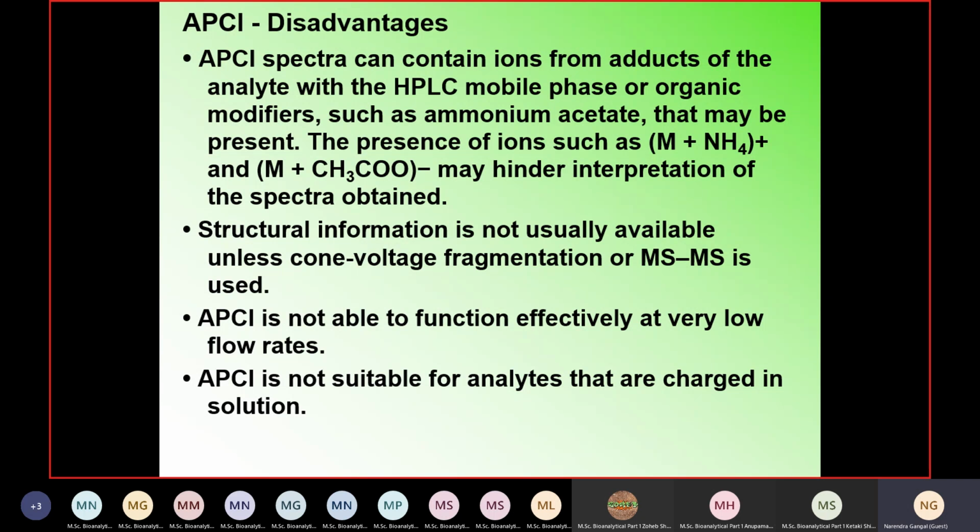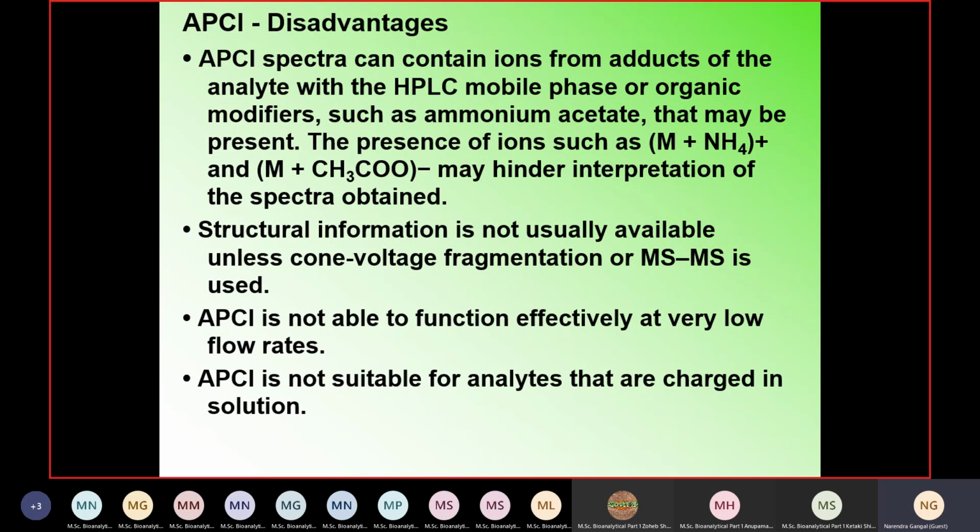APCI is not able to function effectively at very low flow rates. As I said last time, since more and more solvent is there, it will have more and more efficiency. In the previous session I gave you the example of 22.4 liters of gas formation, but when the solvent is going to be working there and forming the ions, then I really need higher flow rates.